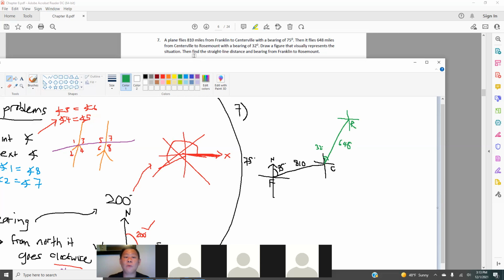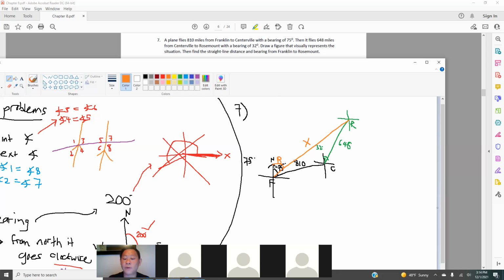Now we need to figure out what is the straight line distance from Franklin to Rosemont. So the question is asking, what if you just fly straight from Franklin to Rosemont, what is the distance and what is the bearing?